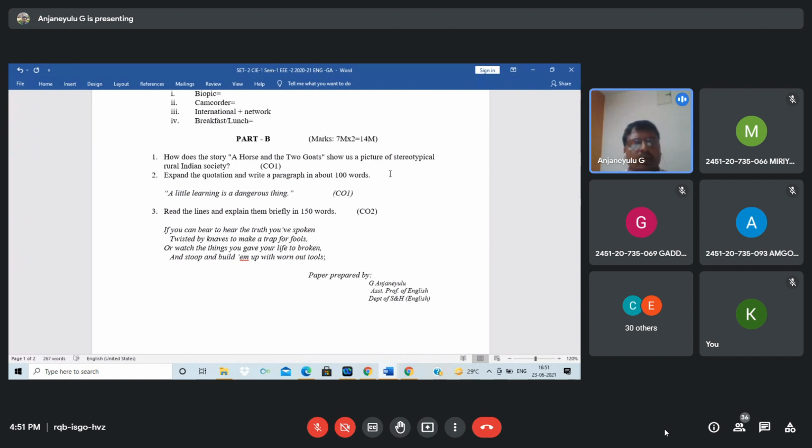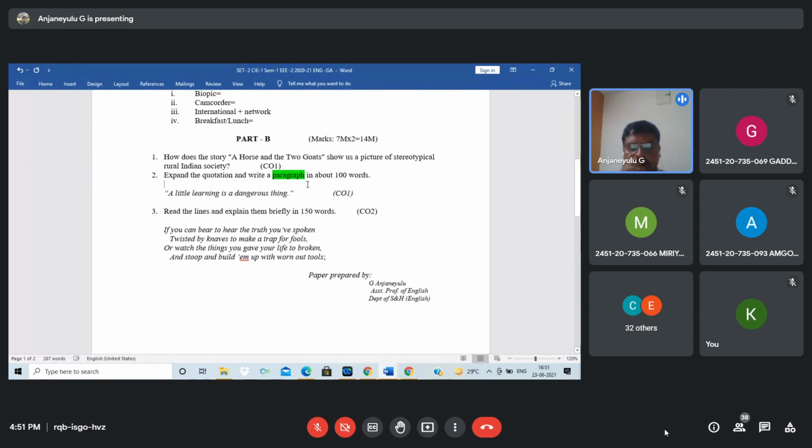These are not the same for all the questions. Please remember. Next question: expand the quotation and write a paragraph in about 100 words. Dear students, this question is related to paragraph writing.